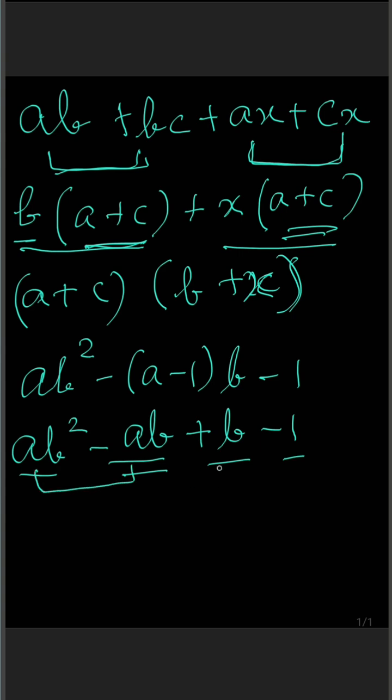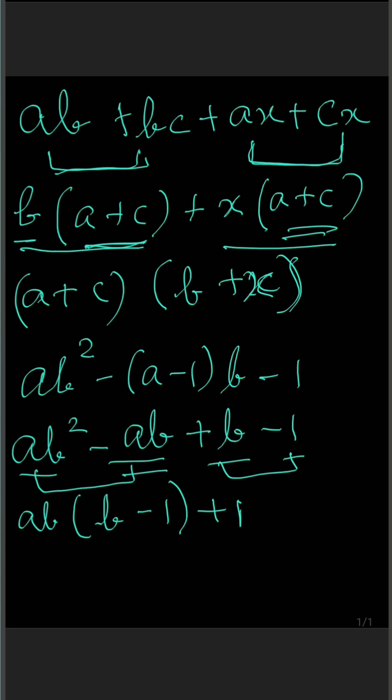Suppose we group these 2 and these 2 together. In the first 2 terms, we have AB as common, and after taking this AB as common, we are left with B minus 1 in the bracket. What about these 2 terms? What do you see as common in these 2 terms?